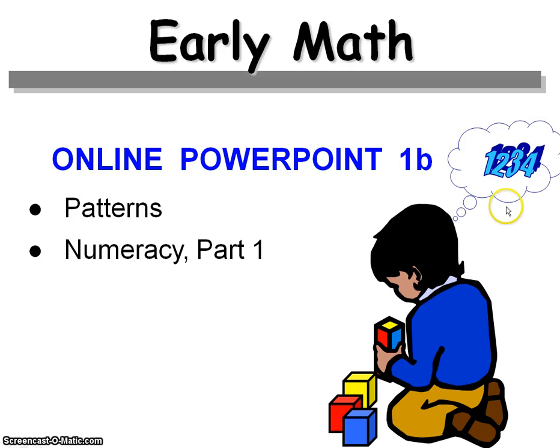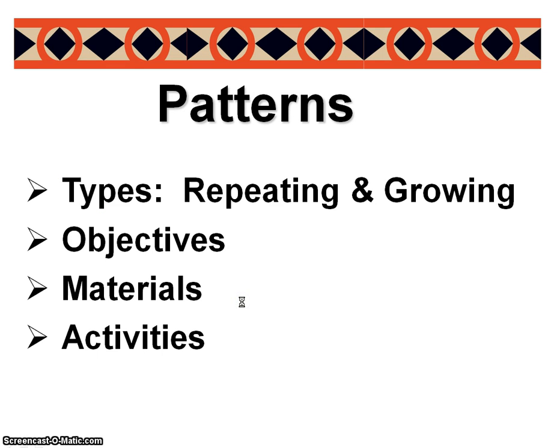In the second part of this video, we're going to examine patterns in early childhood math and later in elementary school, and we're going to begin to talk about numeracy, probably one of the most important aspects of early childhood math. As we talk about patterns, we're going to look at two different kinds.